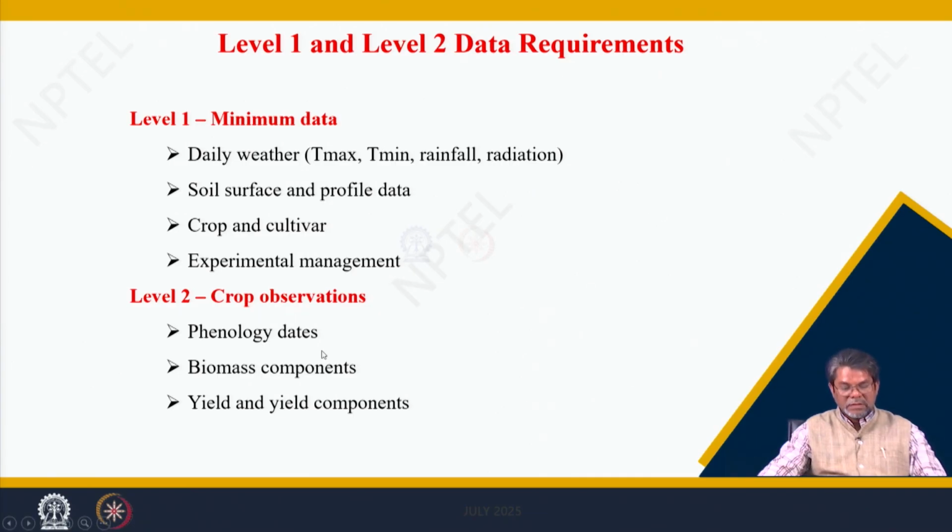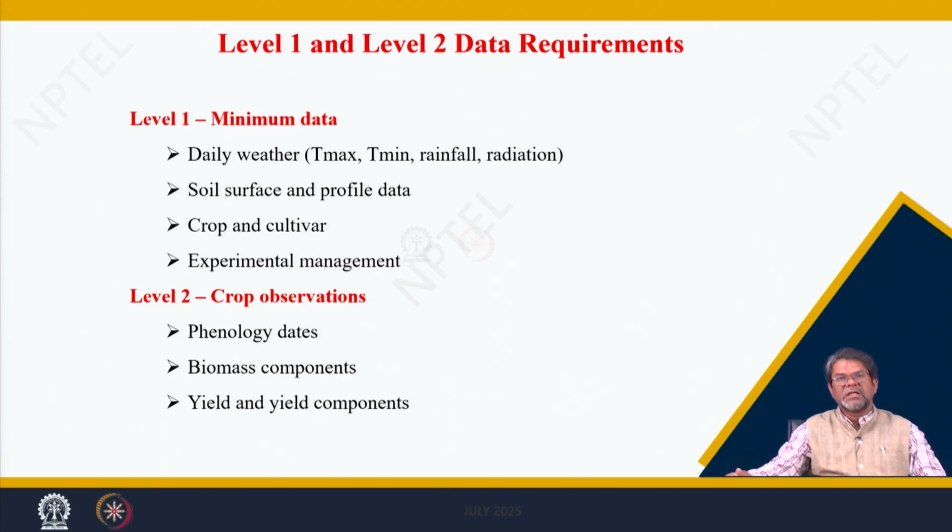That is the phenology dates, biomass components, root biomass, leaf biomass, stem biomass, as regular time series, then yield and yield components of the crops, the final grain yield and yield components. In the case of rice, for example, the yield components are panicles per meter square, grains per panicle, and single grain weight.